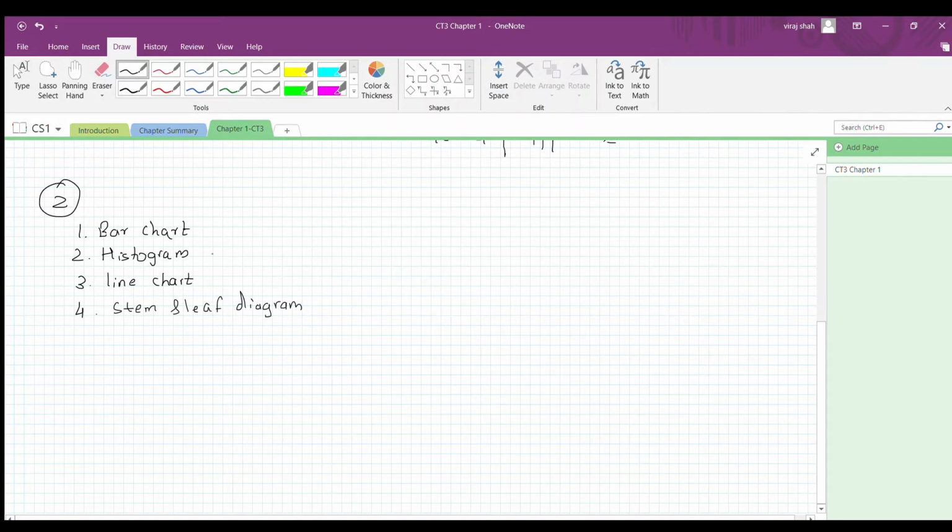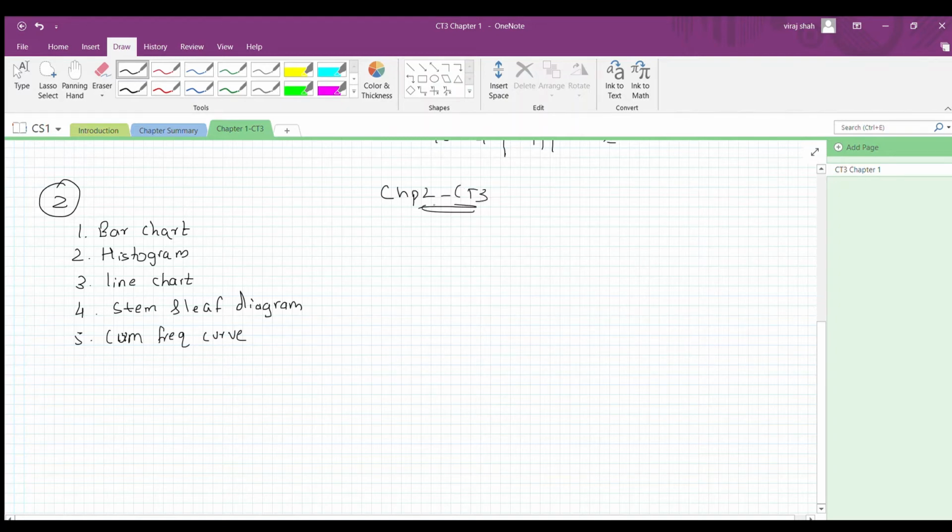So these are the main charts. However, there are some different charts as well, such as the cumulative frequency curve. We will study these diagrams in the next chapter, that is chapter number 2 of CT3.